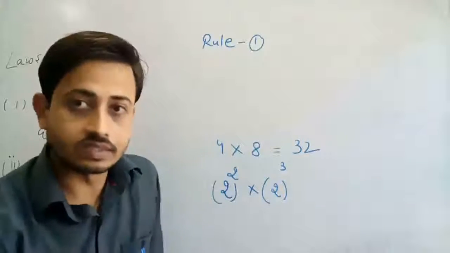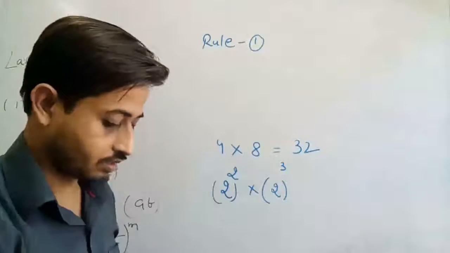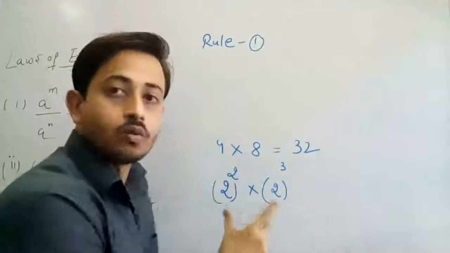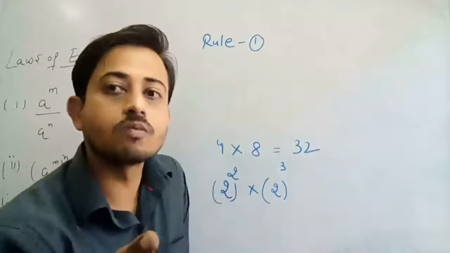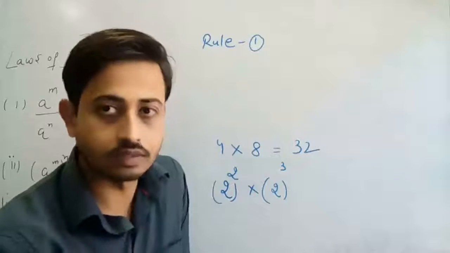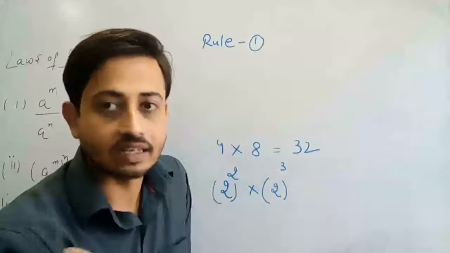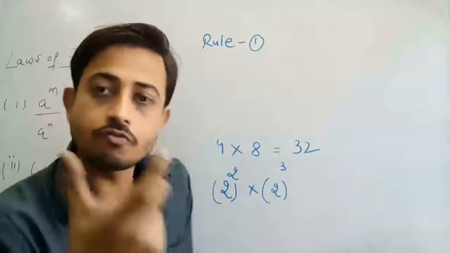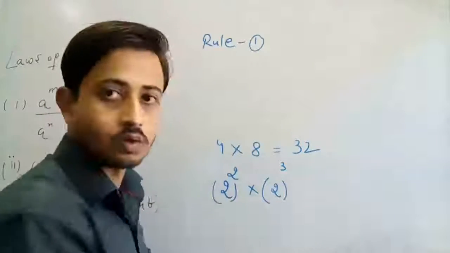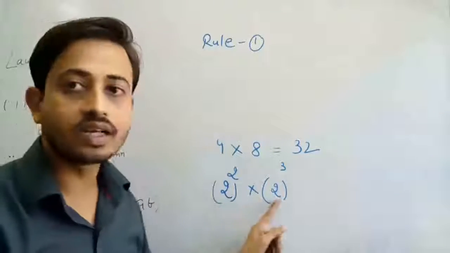Now what's the rule? If you find a multiplication of two terms which are in the form of exponent and power, you have to check whether the exponent is the same or not. In this case the exponent is 2.